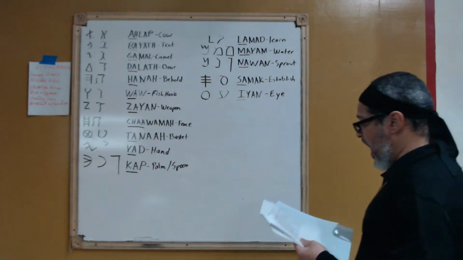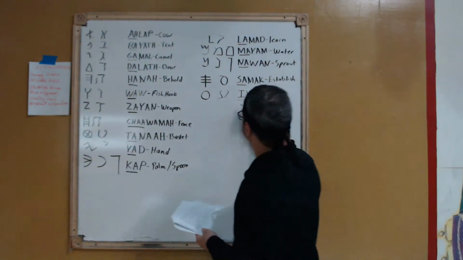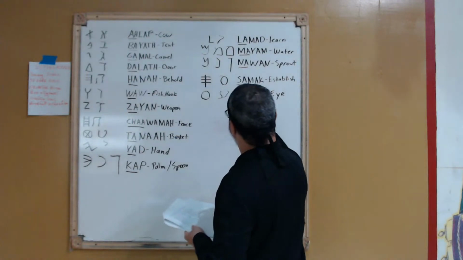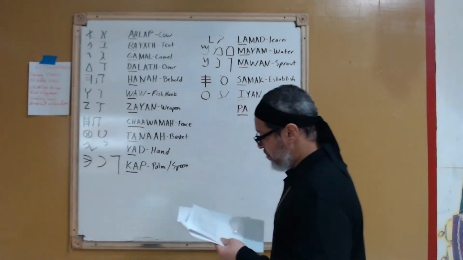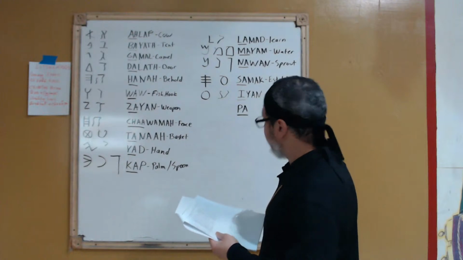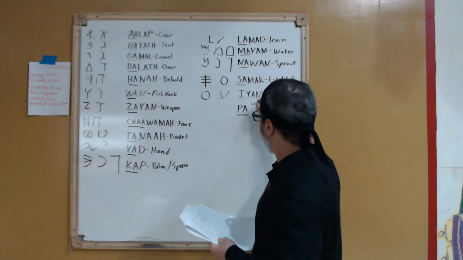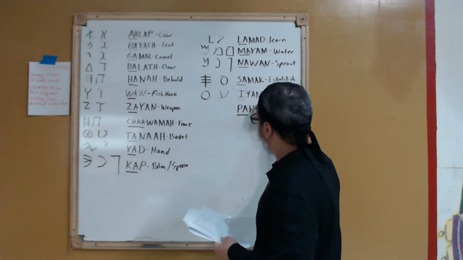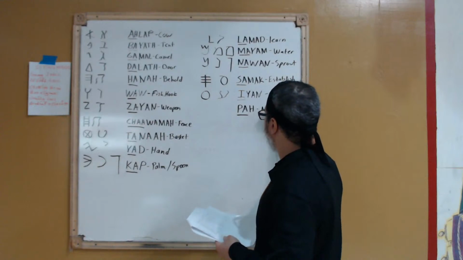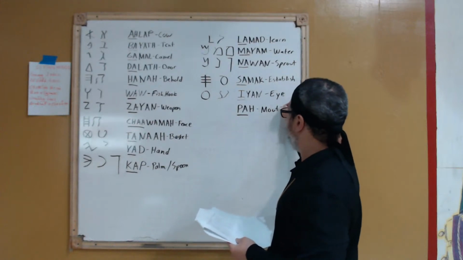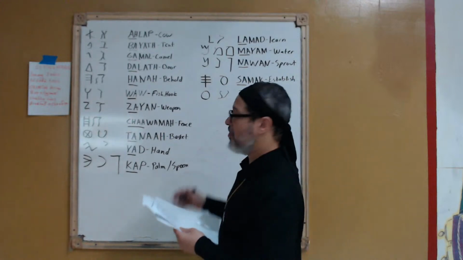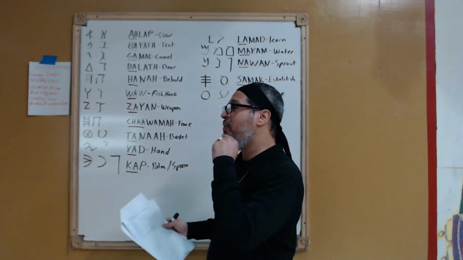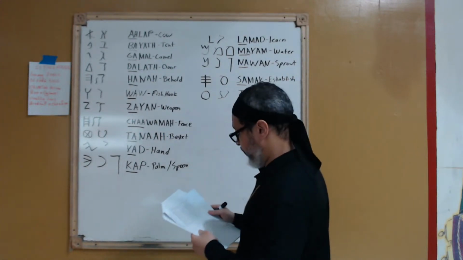Then we have the pa sound. And this was pa in the mouth. And when we draw the ancient, it's like the side of your mouth you're seeing right here.